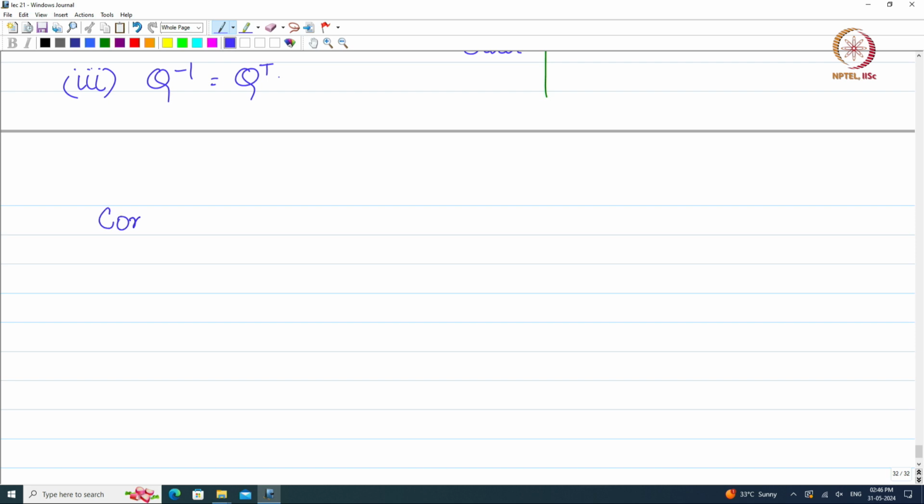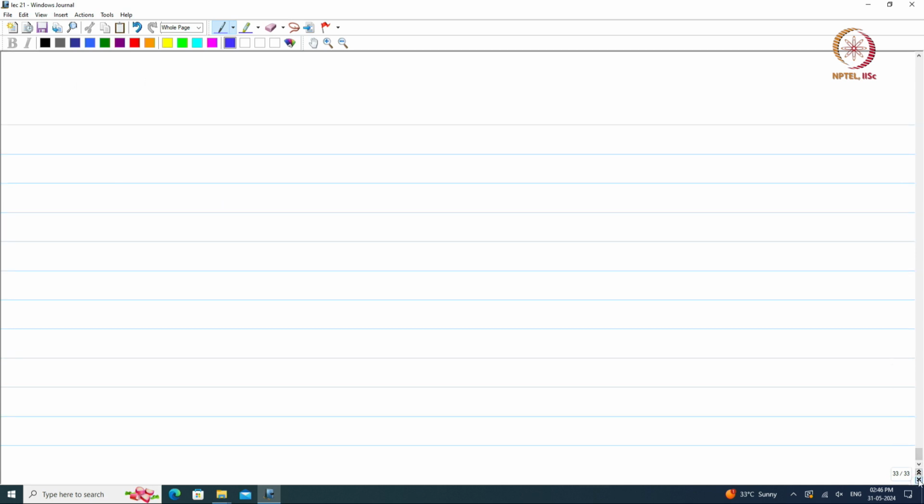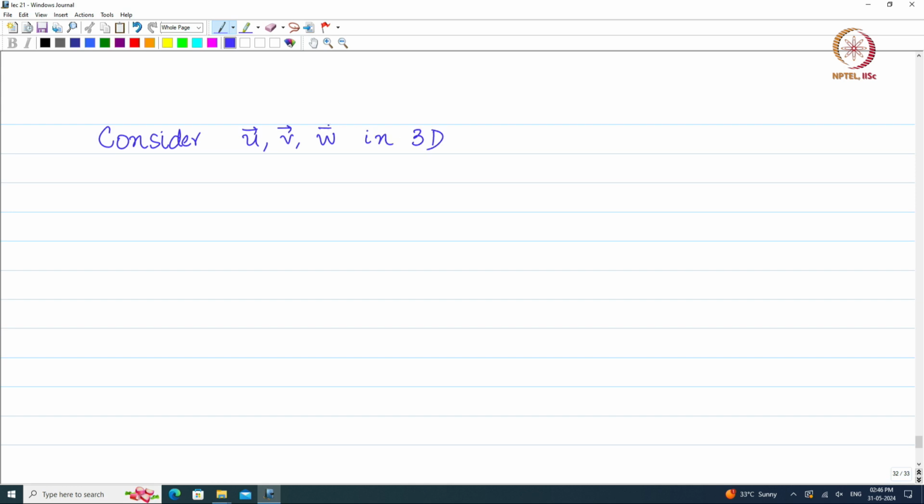Consider u, v and w, 3 vectors in R3, we will just take them in 3D. Now, what we have is the following. We figured out that we can take these, and try to get orthogonal vectors out of them. So, how do I get this?